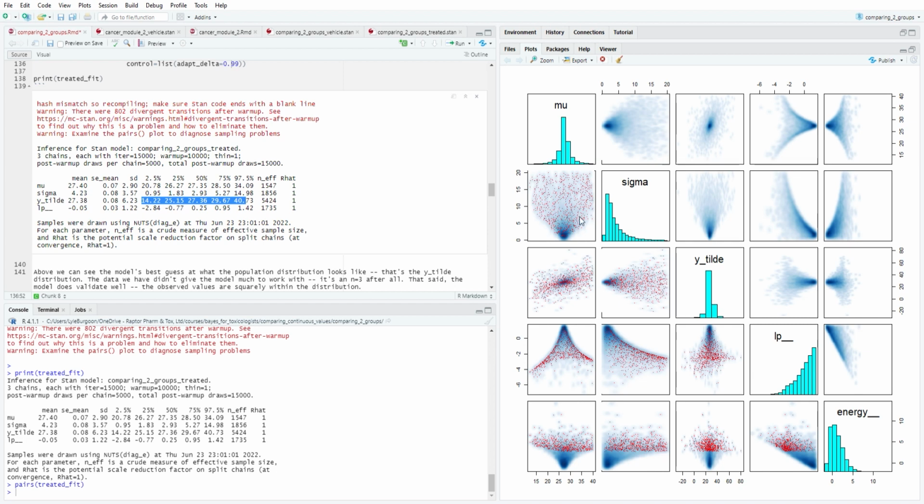I'm pretty sure I would have to run an analysis, which I'm not going to do right now, to be more certain, but I'm pretty sure what we're seeing is reflective of low sample sizes. When I run Stan with low sample sizes, this happens a lot where I have a lot of divergent transitions. Now remember, I have 802 divergent transitions over 15,000 samplings.